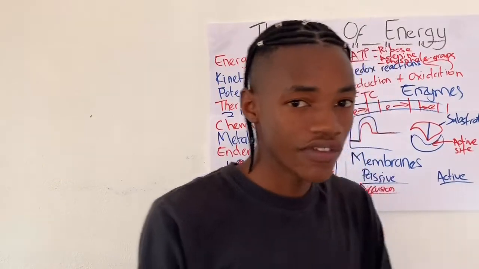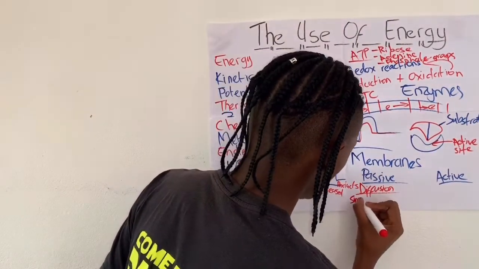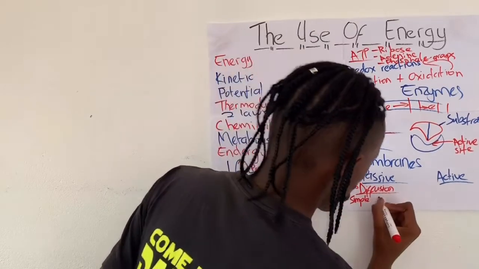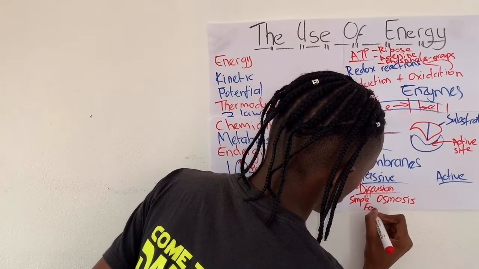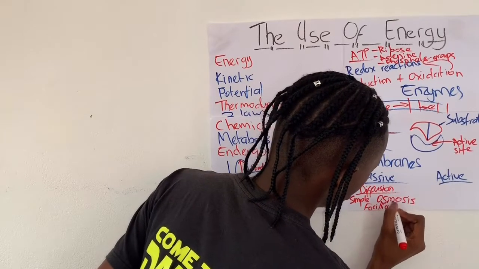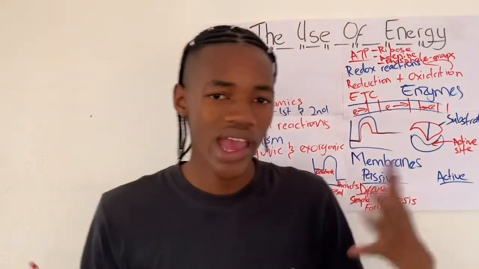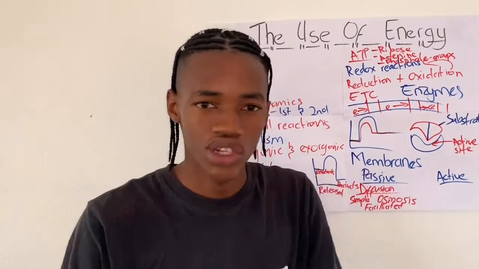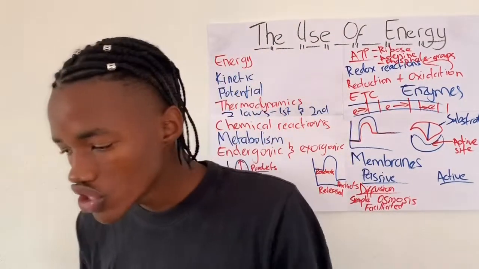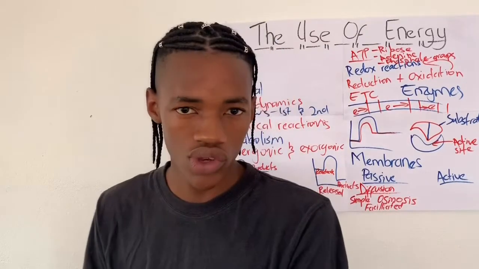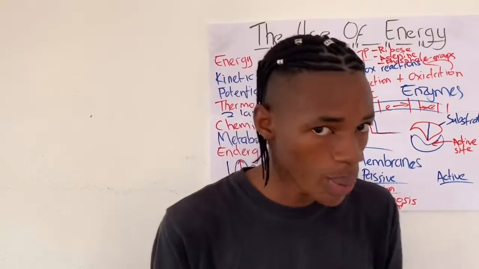Diffusion has simple diffusion, osmosis, and facilitated diffusion. Simple diffusion does not require proteins or energy. The solute just moves from where it is more concentrated to where it is less concentrated, and there is no energy and no proteins required.